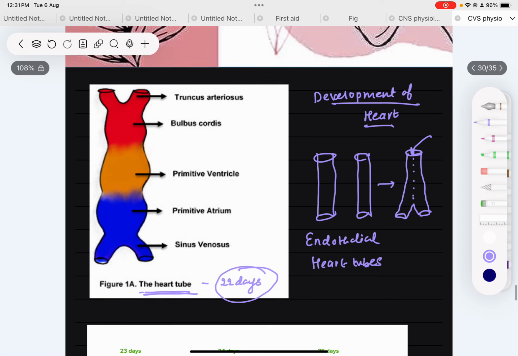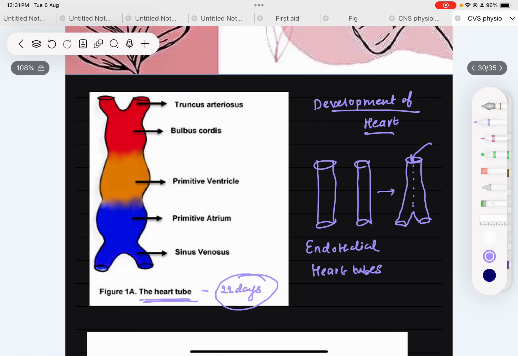We can divide this heart tube into these parts: truncus arteriosus, bulbus cordis, primitive ventricle, primitive atrium and sinus venosus. From the typical heart, remember that the direction will be totally opposite. The atrium will be on the downside and the ventricle on the upside, because after that this downward part is going to come upwards.